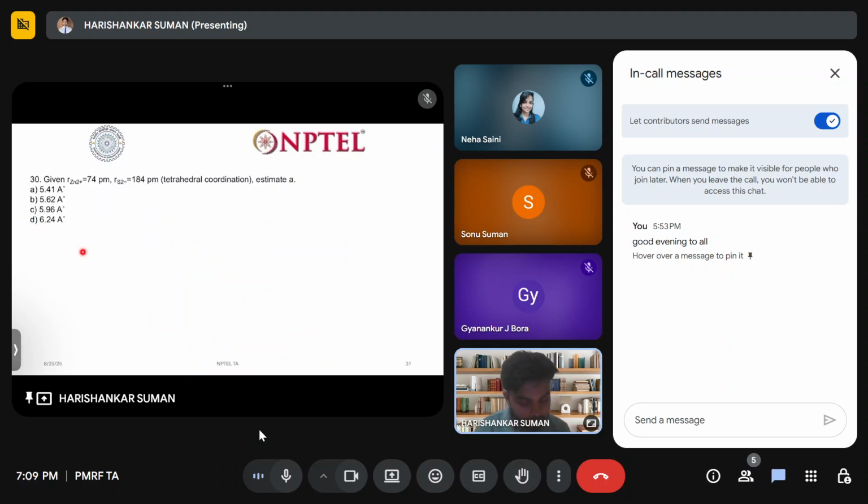Let's see, given the cation radius of 74 picometer and the radius ratio, the radius of S2 minus is 184 picometer. Tetrahedral coordinated. Estimate the lattice parameter a.